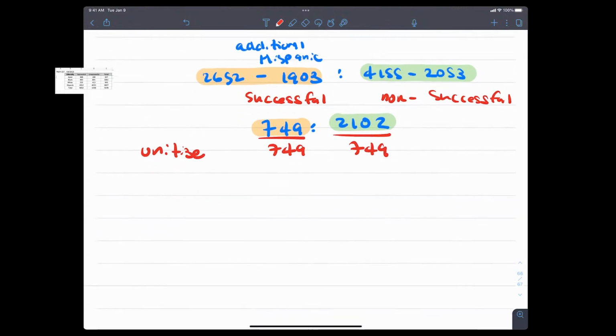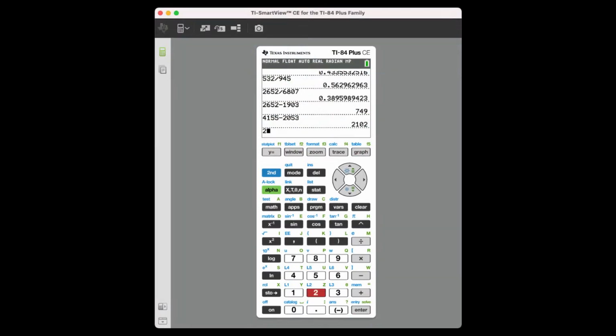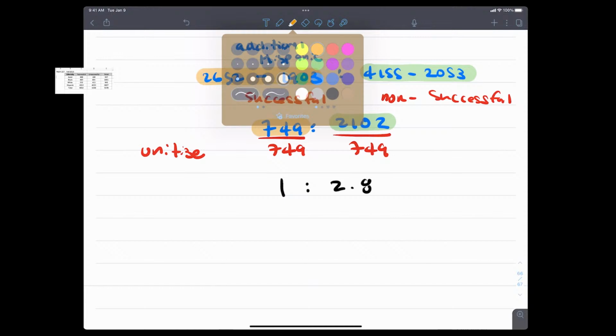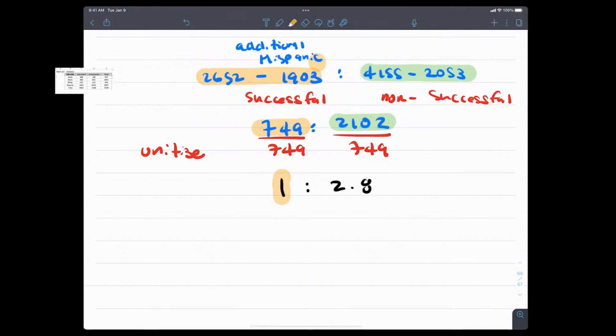Divide both of these by 749, so that you get now what? 2102 divided by 749, to the nearest tenths. What is this going to give you, ladies and gentlemen? For every additional Hispanic student that you got through, how many did not get through? 2.8.